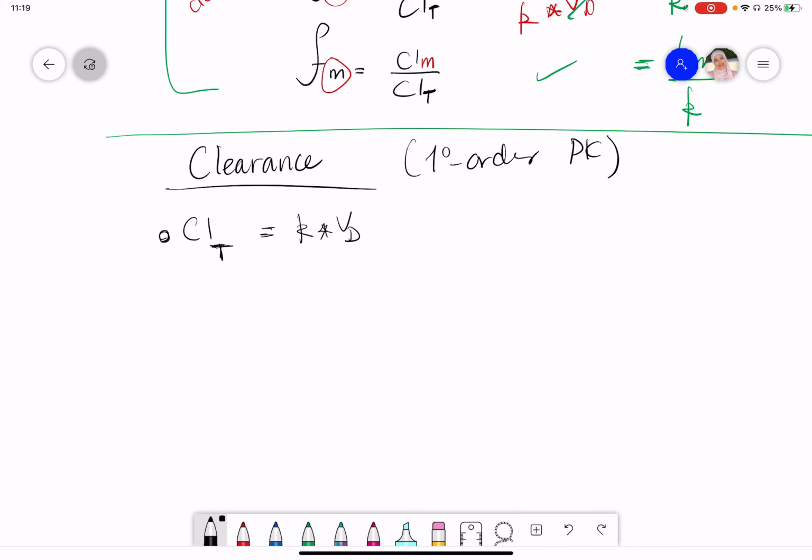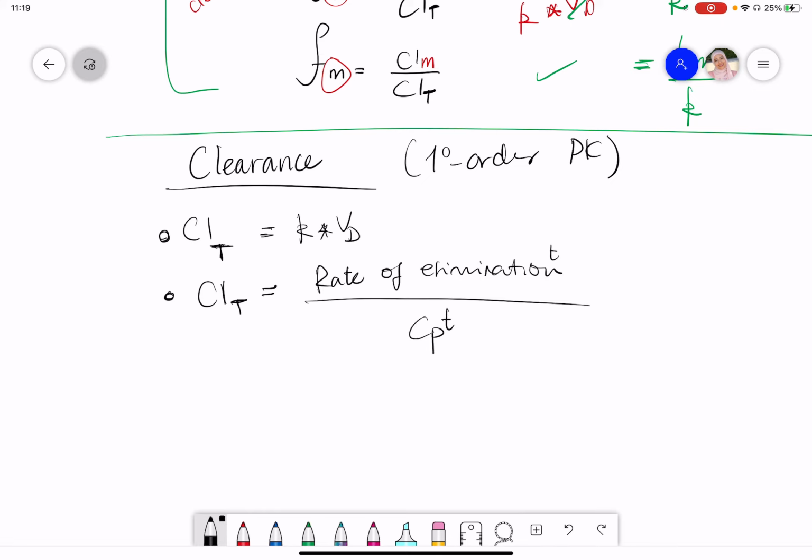Another way of determining the clearance is by knowing that the total clearance would be equal to the rate of elimination at certain time over the measured concentration in the plasma at certain time.